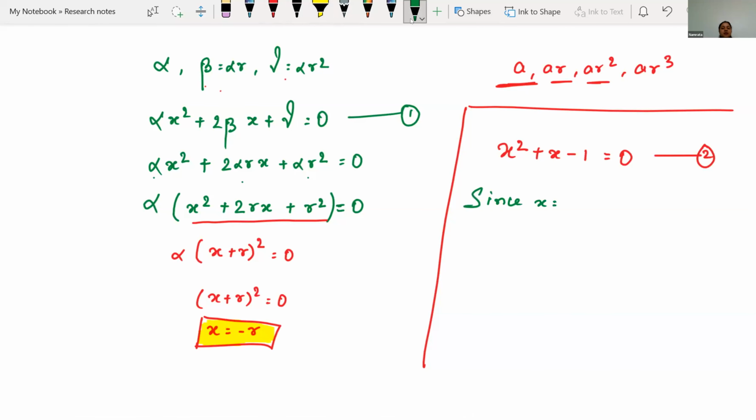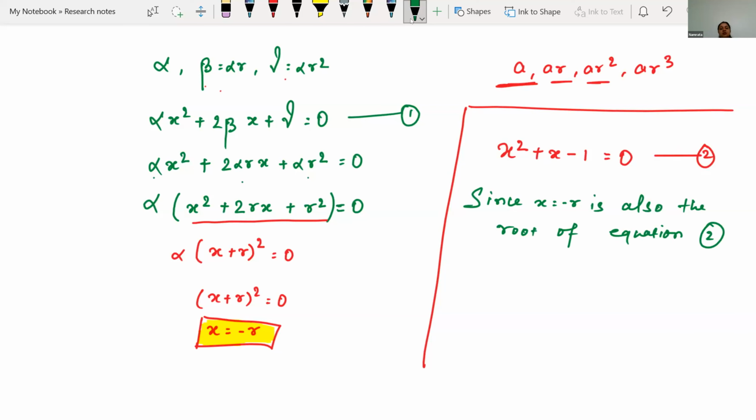So x equals negative r is also a root of equation 2. We can substitute x equals minus r over here. Root means that it will satisfy the equation, right?